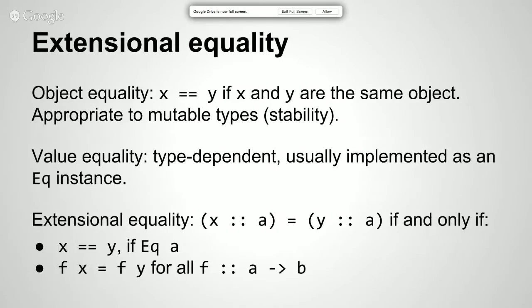So as you recall, when we talked about equality, there's object equality, which is the most sparse definition of equality. Things are only equal if they're the same object. Then there's value equality, which is that they're equal if they have the same value, and that's what Eq instances are for. And extensional equality, we say that x and y are equal if and only if x equals y in their type, if they are in an equality type.